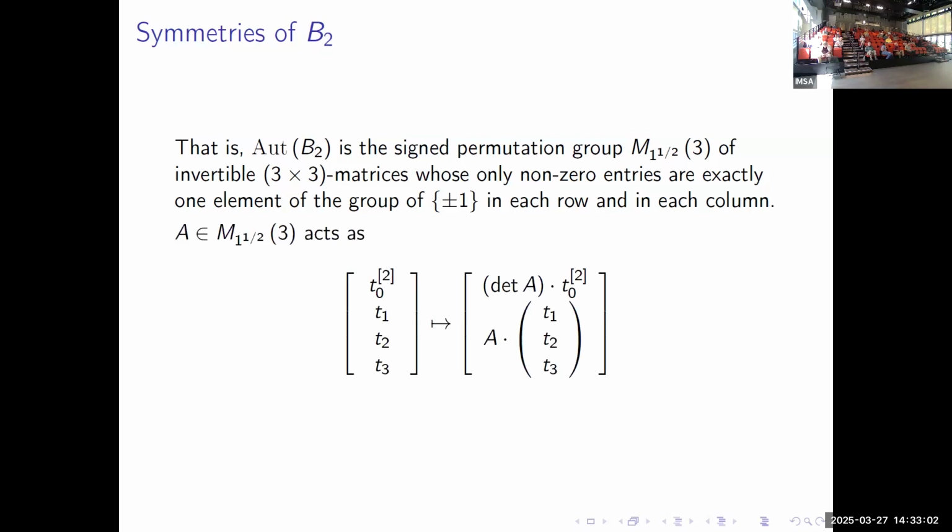And the action is simply what you'd expect it to be, where the important thing here is if you want to change the sheets between the 2 points over each point on the plane, that's controlled, as you would imagine, by the determinant of the sign permutation.